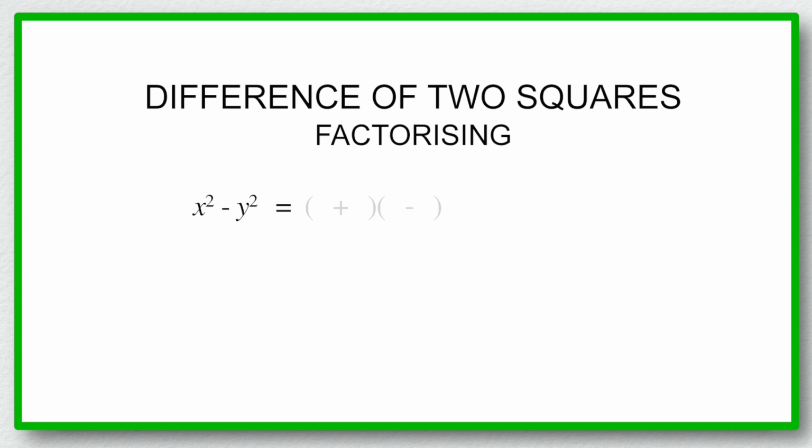So I know I'm going to end up with two brackets, something add something, something subtract something. And we know that those somethings are going to be these terms, x and y. So we have (x + y)(x − y). And there's our factorised expression for x squared subtract y squared.